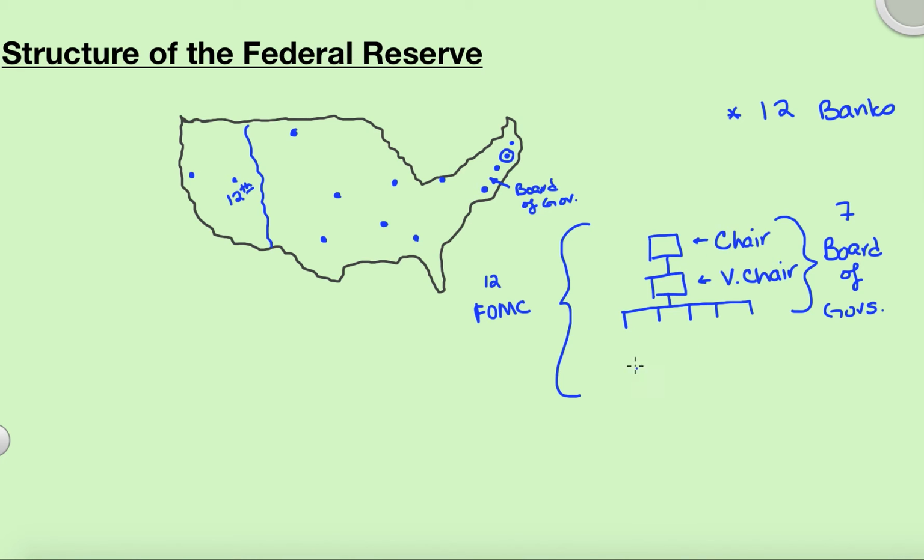So in addition to the 7 members, there are 5 additional bank presidents from the other banks if they're not already on the Board of Governors. And the New York president always has a seat in the Federal Open Market Committee.